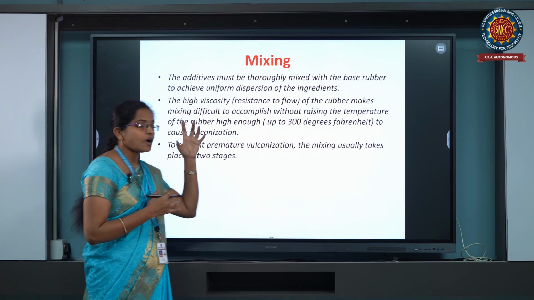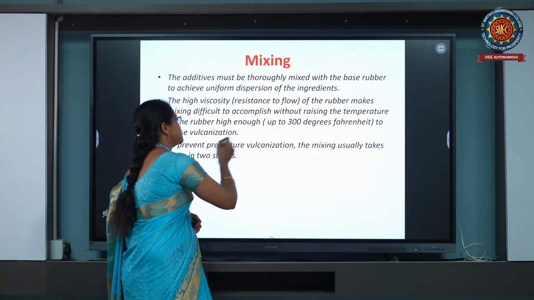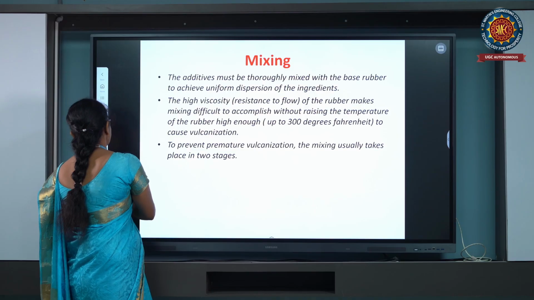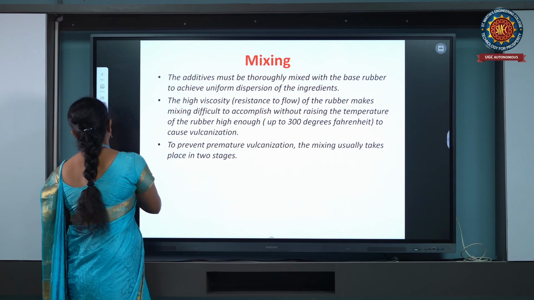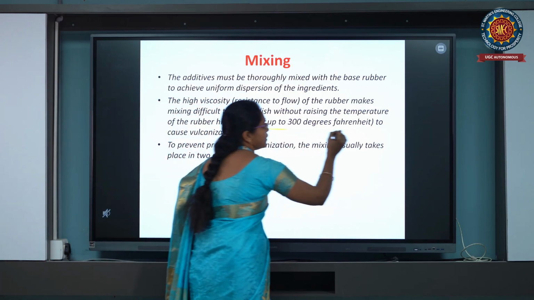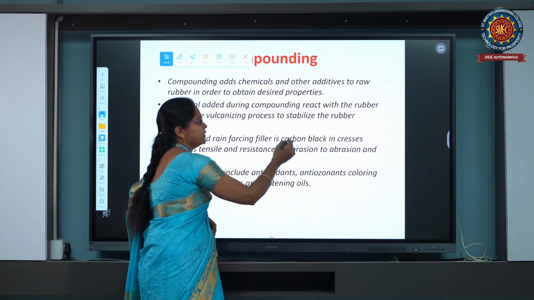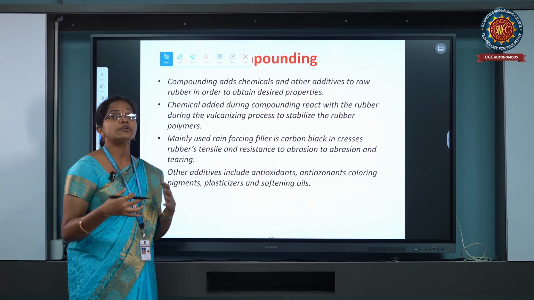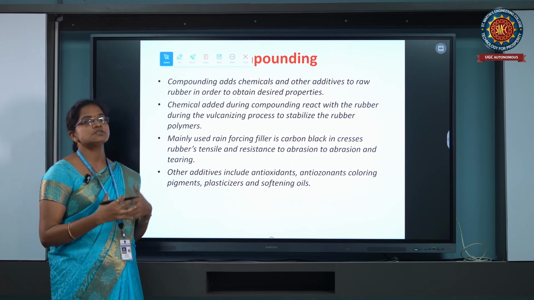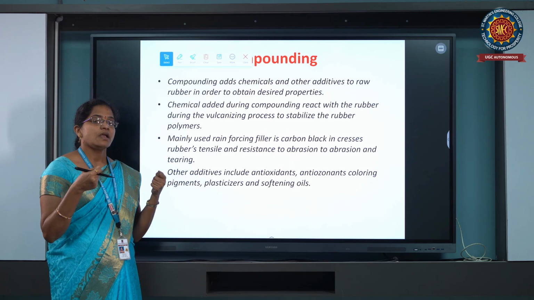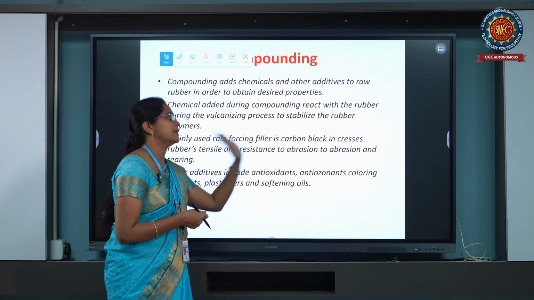You add the carbon black while maintaining the temperature at 300 to 400 degrees Fahrenheit. The reinforcing filler carbon black increases the strength of the rubber, and vulcanization also improves, depending on the carbon black.